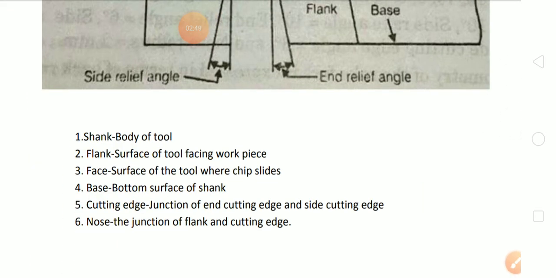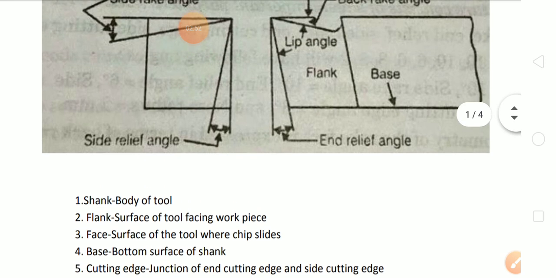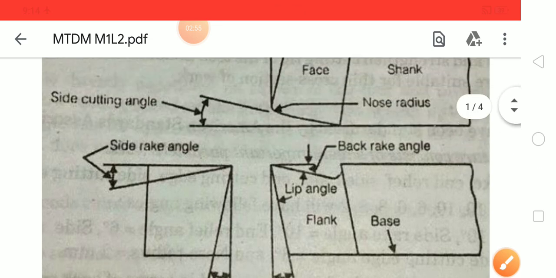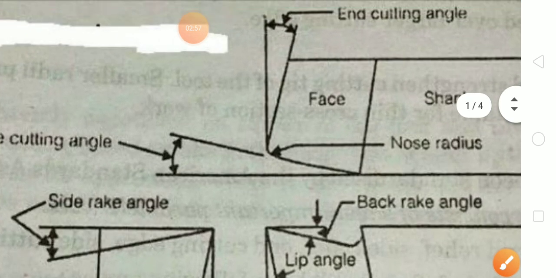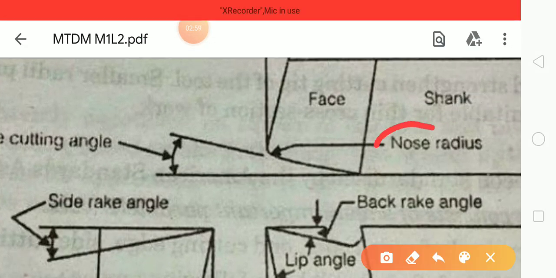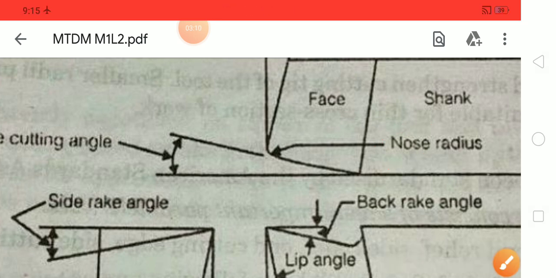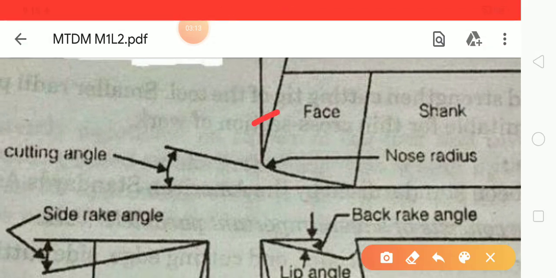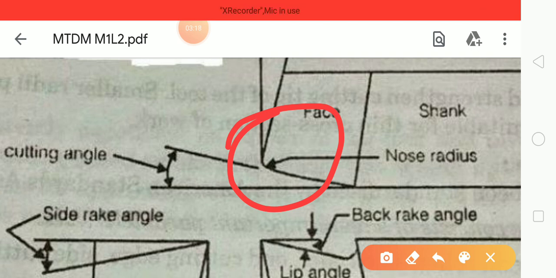The next thing is the nose. Here is the nose, and it is called the nose radius. I will mention why it is called nose radius after some time. The junction where the flank and the cutting edge meet is called the nose.